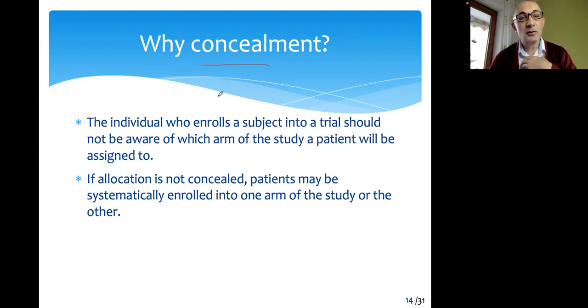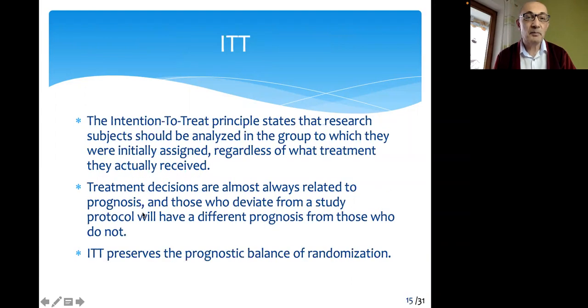When the doctor or physician treating the patient does not know what he's doing, we call it blinding. If allocation is not concealed, patients may be systematically enrolled into one arm of the study or the other. So this causes a bias, of course, because we human beings are prone to be biased when we know which group is going to be the treatment arm and which group will be the control arm.